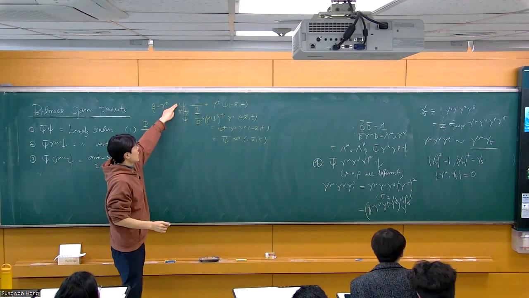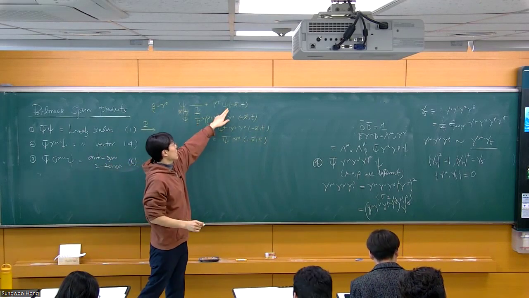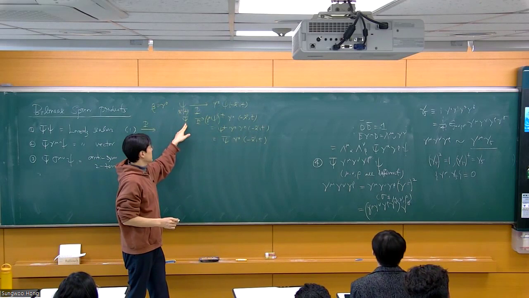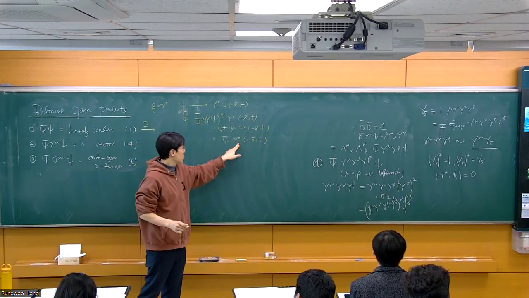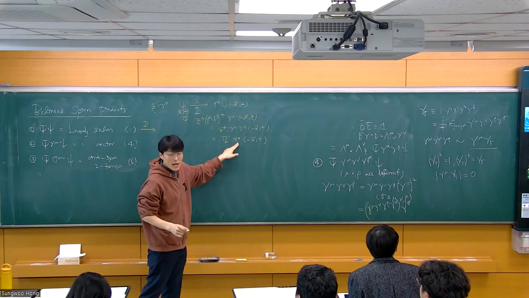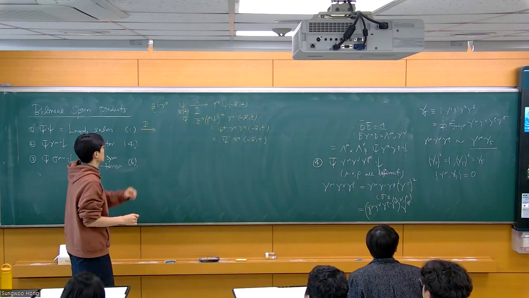Summary: psi under the parity goes to gamma 0 times psi, evaluated at the inverted point. Psi bar goes to psi bar times gamma 0. So gamma 0 occurs to the left for psi, to the right for psi bar, but evaluated at the inverted point. So you can use that.